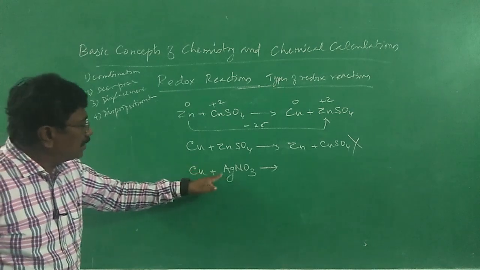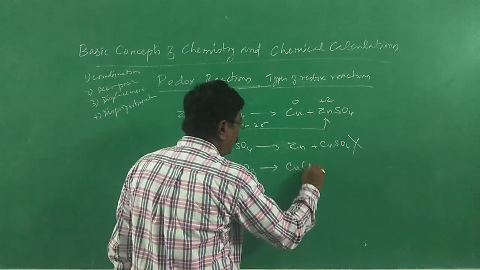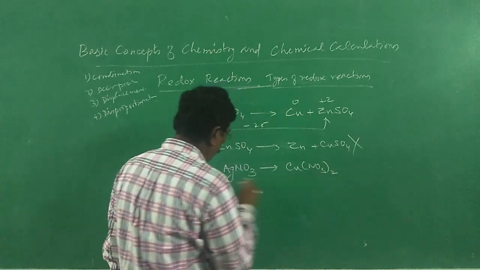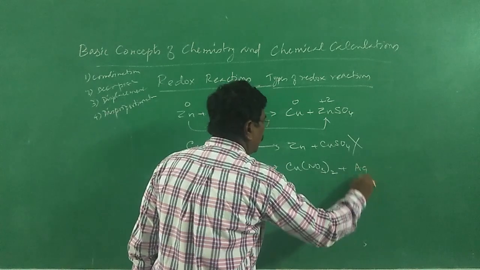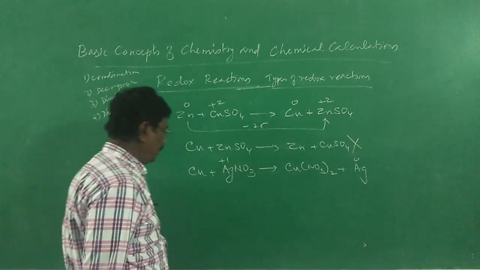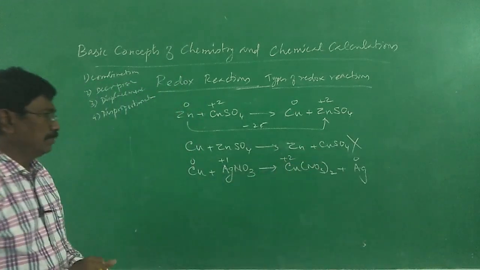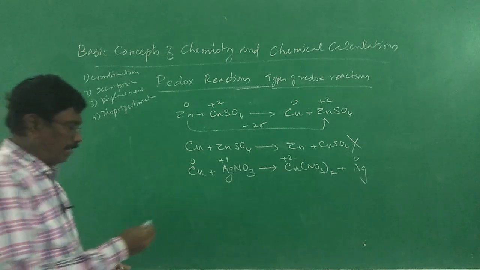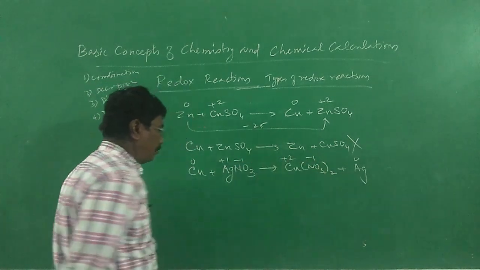But copper can displace silver, so that you will be getting cupric nitrate. Usual valency of copper is +2 and silver is +1 to 0. Copper 0 to +2. Cupric nitrate, nitrate -1, 2 nitrates -2, therefore it is +2.